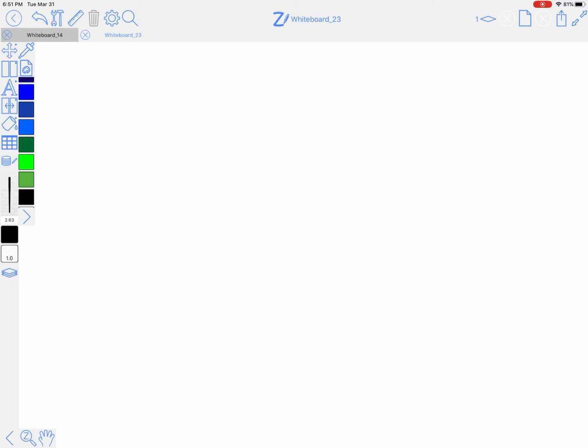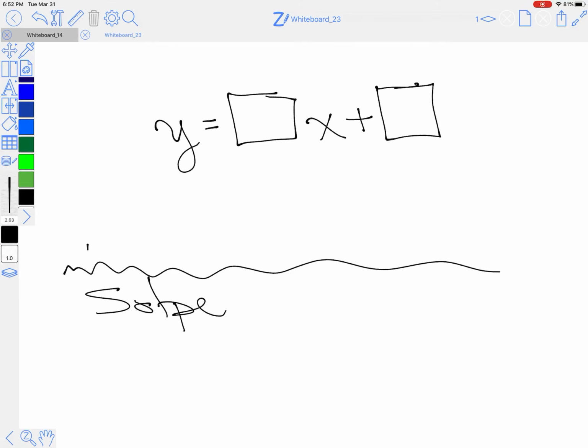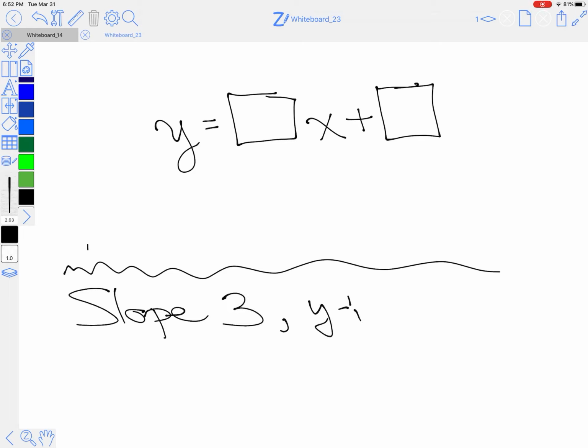Now, sometimes in the IXL assignment, they're going to say y equals blank x plus blank. And they'll have their problem and say slope 3, y-intercept -4.